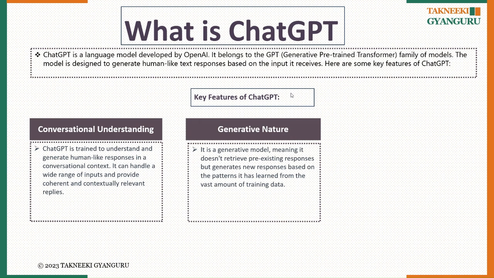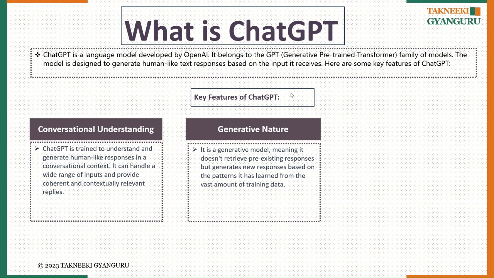Next one is generative in nature. It generates the content based on the query. Suppose I'm asking who is the prime minister of India. There is no system where the answer, the prime minister of India is Narendra Modi, is written somewhere, and it goes and picks the answer and responds back.